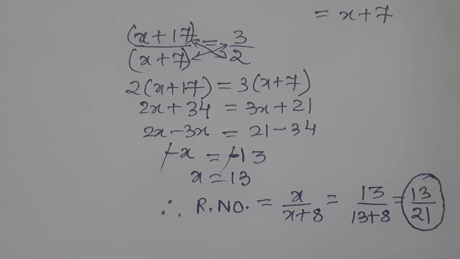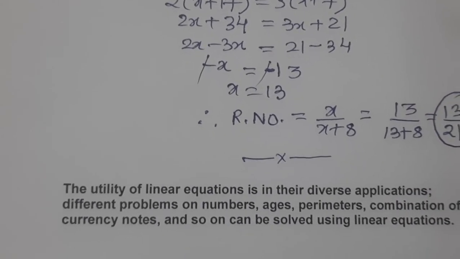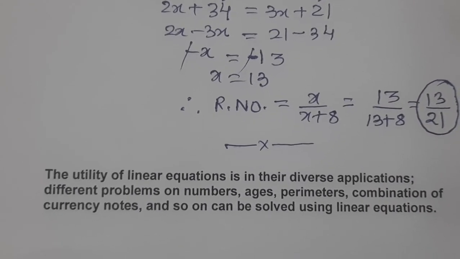So children, we have completed this chapter. Hope you understood this chapter. So what have we studied in this chapter, children? See, this is the utility of linear equations in their diverse applications. We can do as many questions as we can with the help of this.